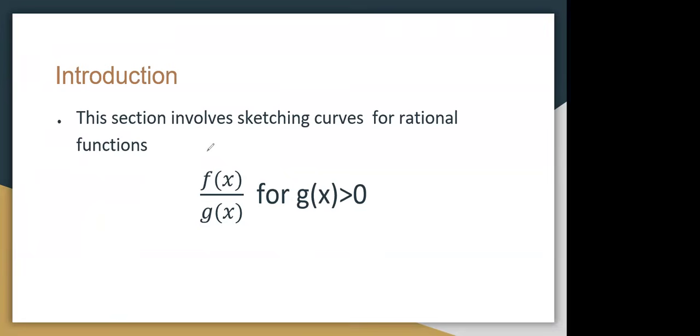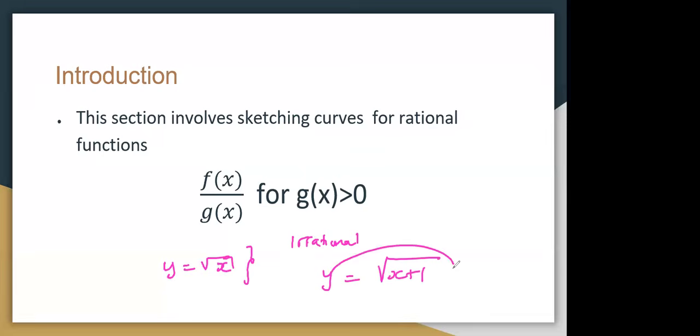Whenever you find a root, take an example, if I have y is equal to root of x, these ones we shall call irrational functions. At one point we shall look at y is equal to root of x plus 1. Now, these are what we call irrational functions. There is no way you can write it in terms of a ratio of something. So whenever you find such, that means you are talking about irrational functions.